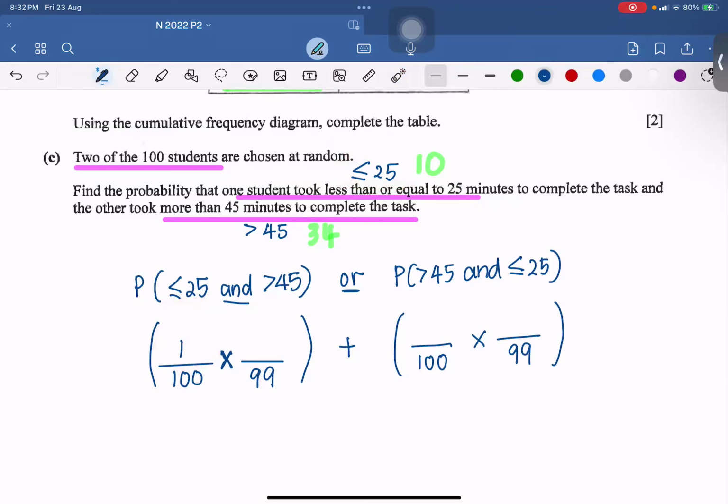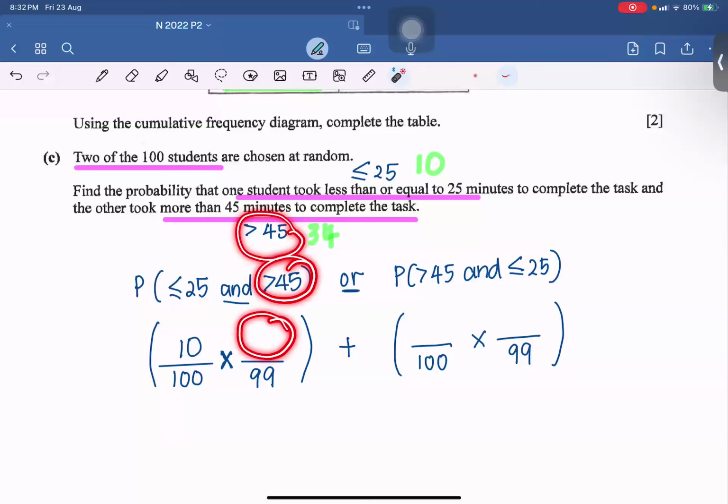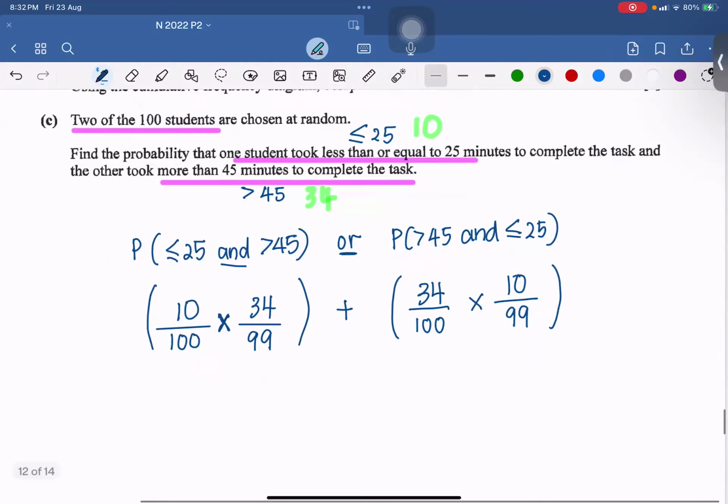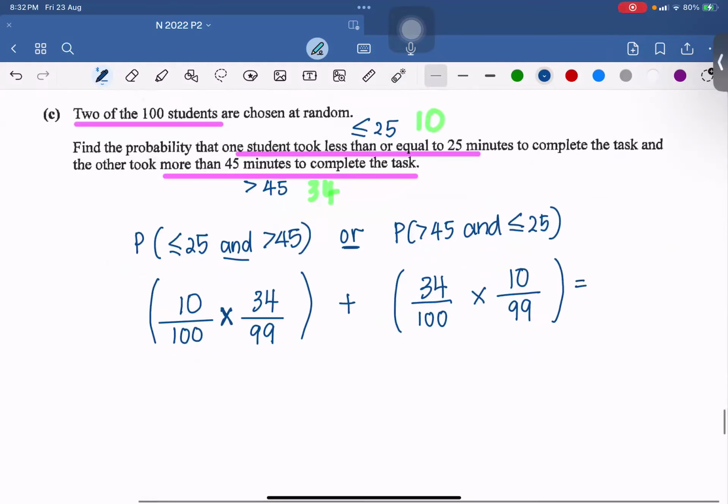The next category, how many meet more than 45? 34. For the second case, the position changes, so you have 34 first, and then you choose 10. Then you add these numbers together and you get your answer.